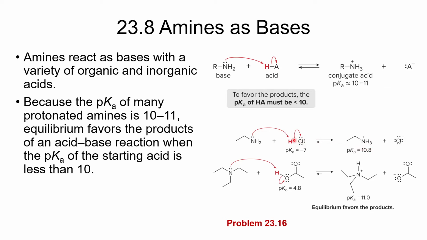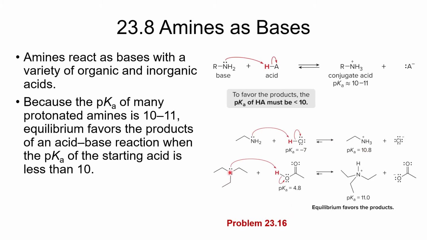And the pKa of the other acid, on the other side, was -7. Whichever one of those is lower must be the stronger acid. So HCl is a much stronger acid than the ethyl ammonium. The equilibrium is going to lie opposite the side of the stronger acid. Since HCl is the stronger acid, the equilibrium will lie to the right.